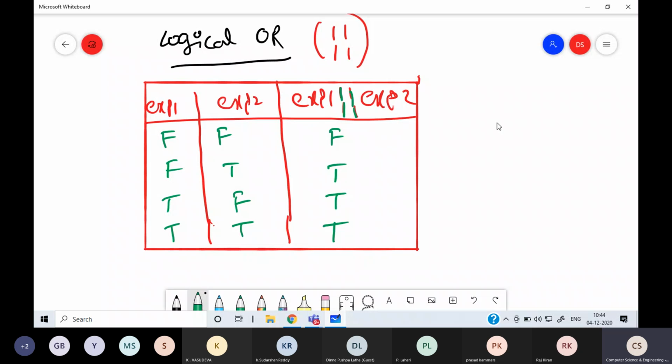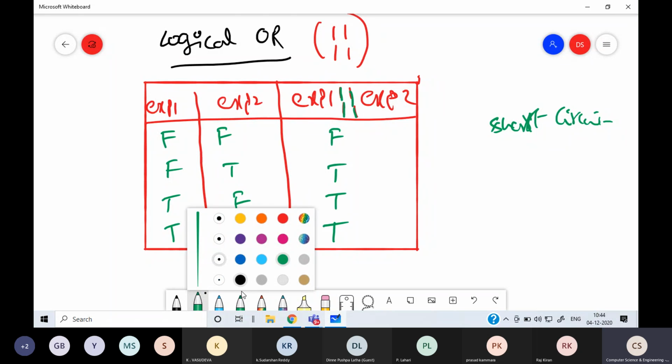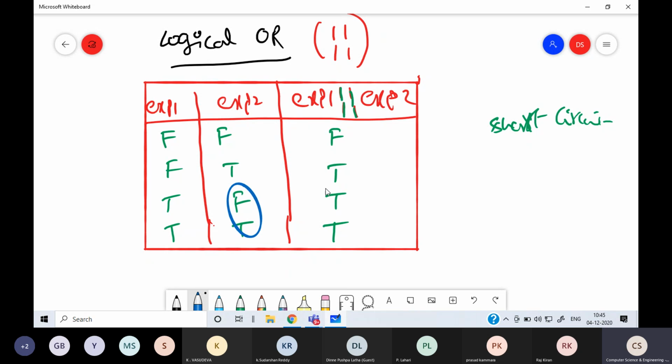And again here, there is a short circuit possibility. If expression 1 is true, irrespective of expression 2, the result is going to be true. So expression 2 is not evaluated.